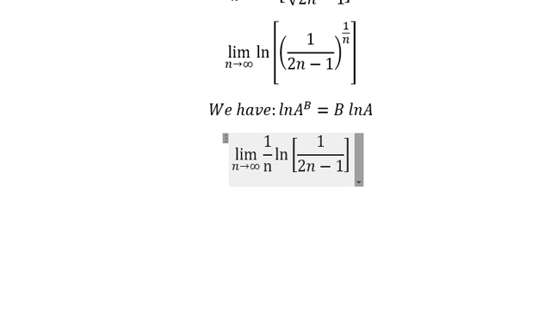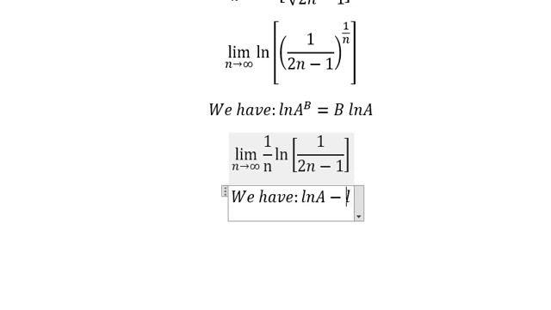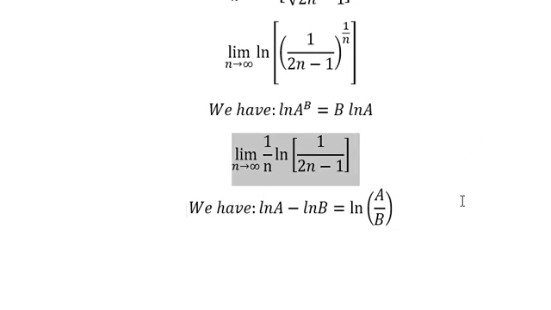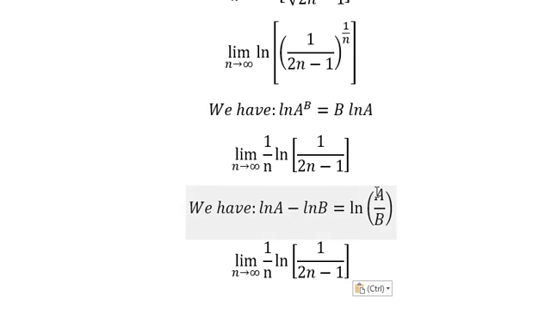Next, we have the next one. So a is number 1, b is 2n minus 1. Now we need to transform this one into this one.